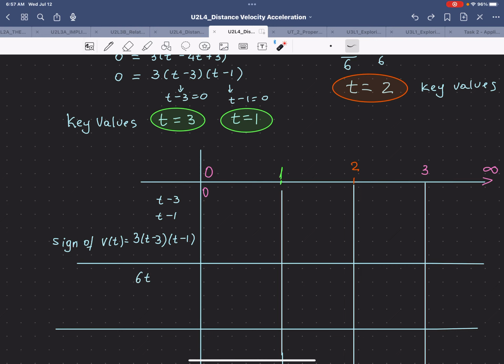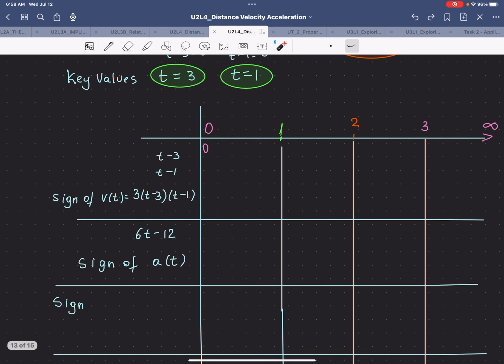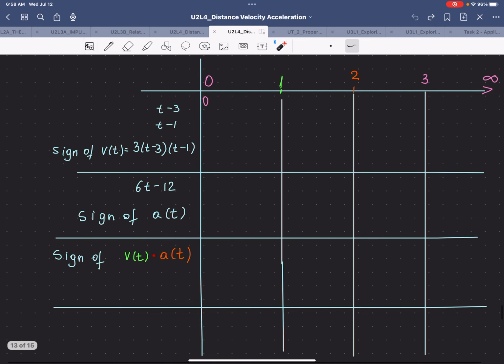Next, we are going to write the factors of the acceleration, which is basically only one, 6t minus 12. So the sign of the acceleration would be going down here. And lastly, we have to study the sign of the product V(t) times A(t). And at the very bottom, we are going to describe the motion.